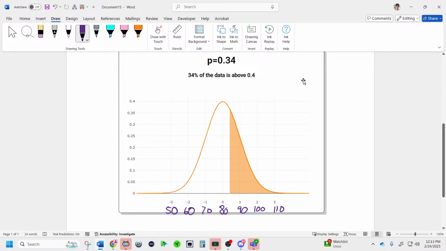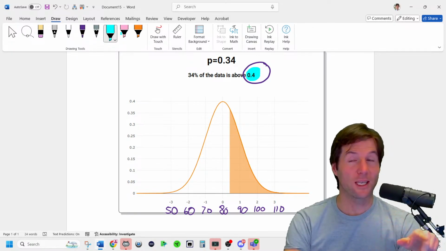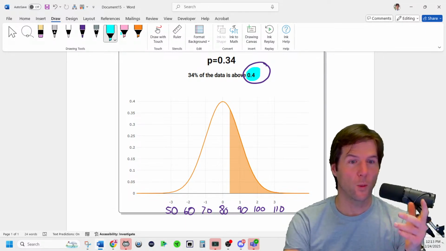And then what is this right here on the graphic? Tell me what this is. That is the z-score. So we need to take that z-score and think of an O word. We have to take that z-score and turn it back into a what?